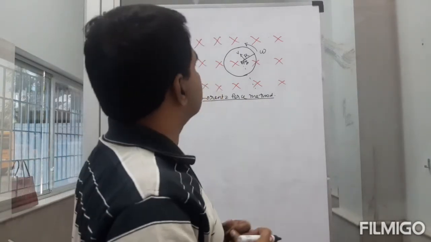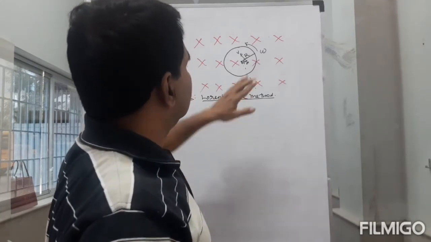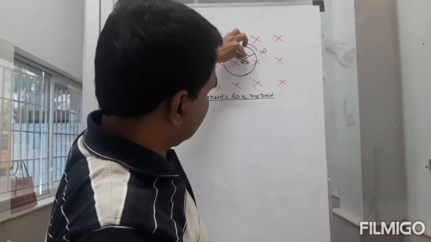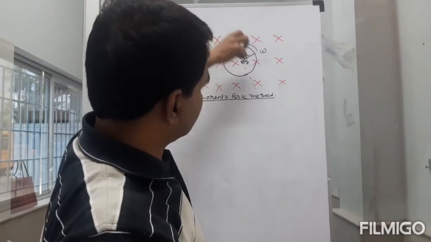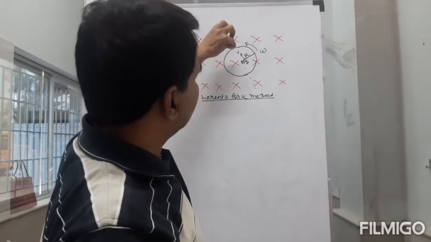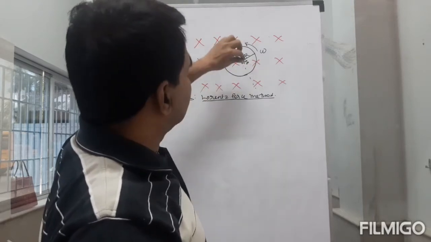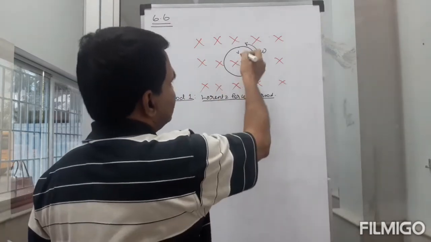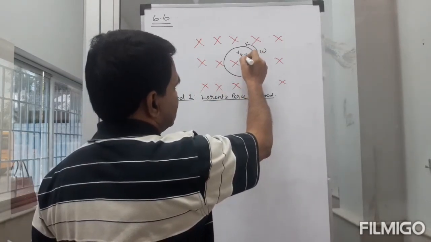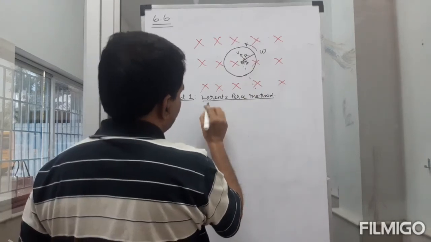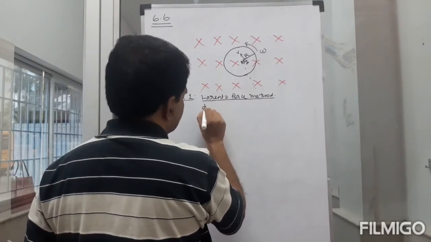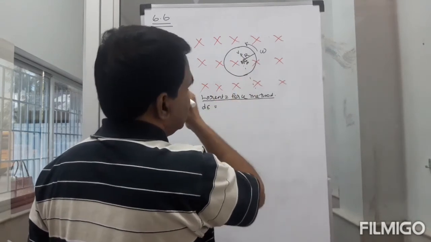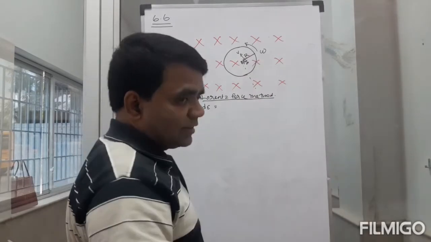In this method you can see I can take this as a small piece of that rod, and it's moving with some velocity v. If it moves with that velocity, then the EMF induced in that small piece is going to be the small EMF, so I call this dE. What did we derive?